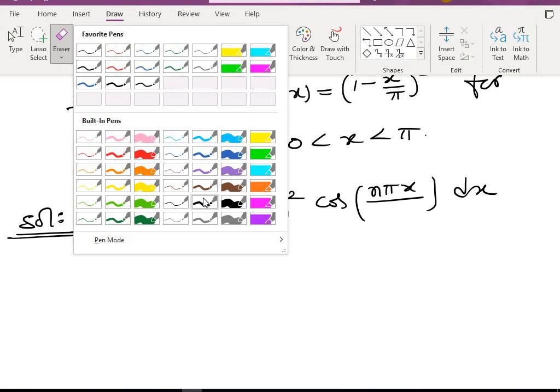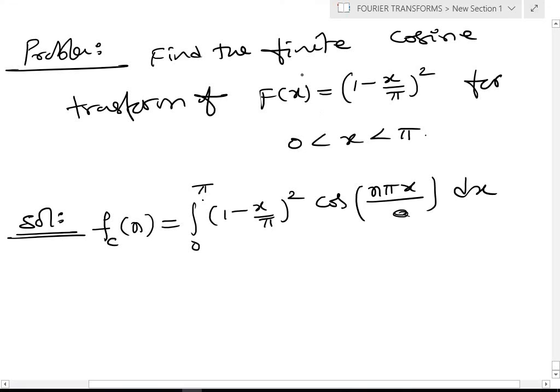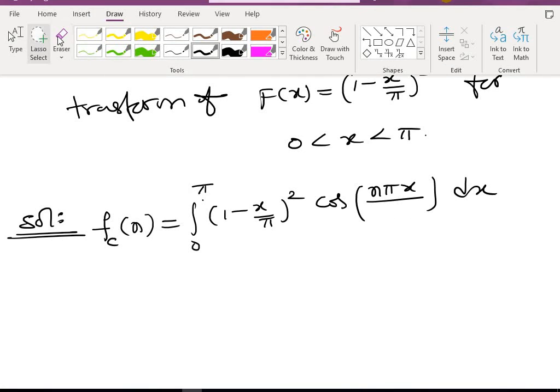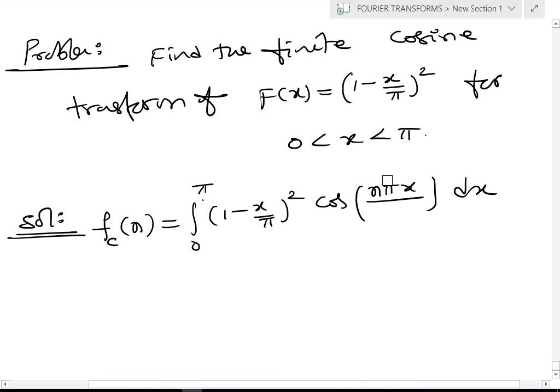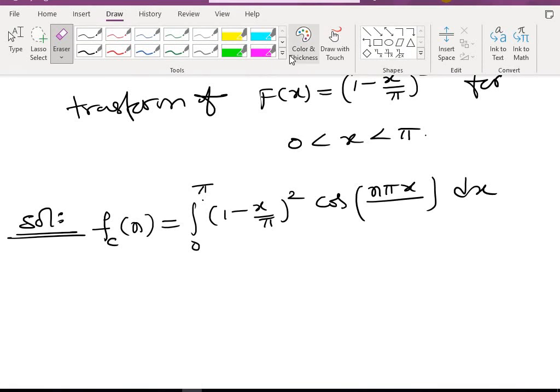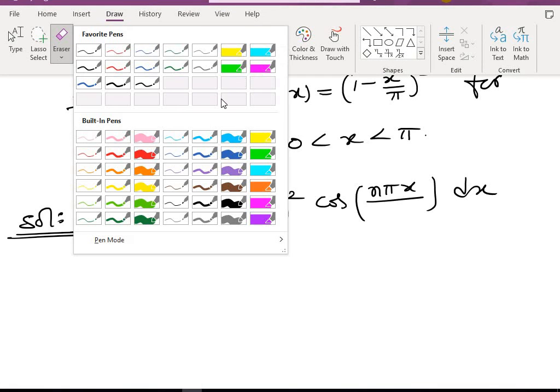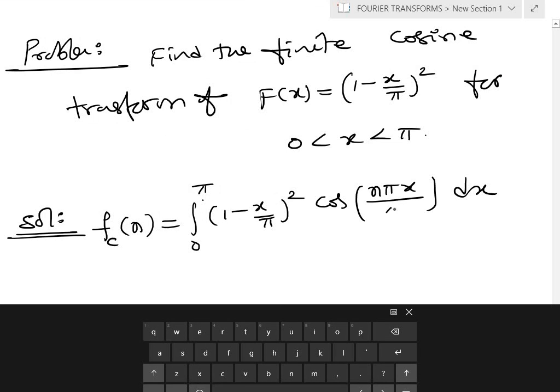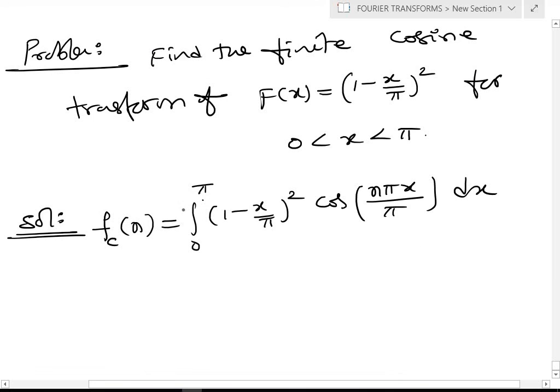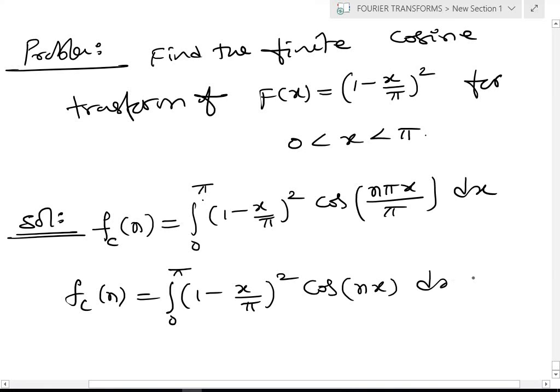So when I substitute that L value, it is again pi, and then pi will cancel. Fourier cosine transformation will be the integral from 0 to pi of 1 minus x by pi whole square cos of nx dx. Okay, done?